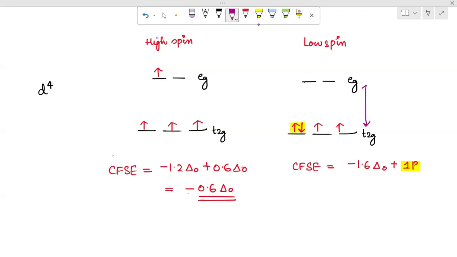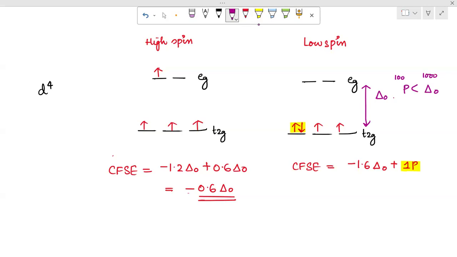Why is it getting paired over here? Important. Because the pairing energy is less than the crystal field splitting energy. The pairing energy might be just 100 units, while the crystal field splitting energy might be 1000 units. So it was easier for the system to get paired instead of jumping up.